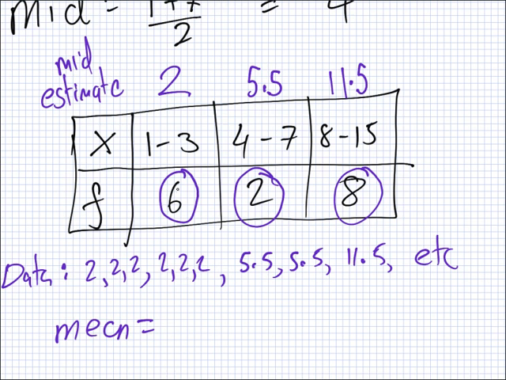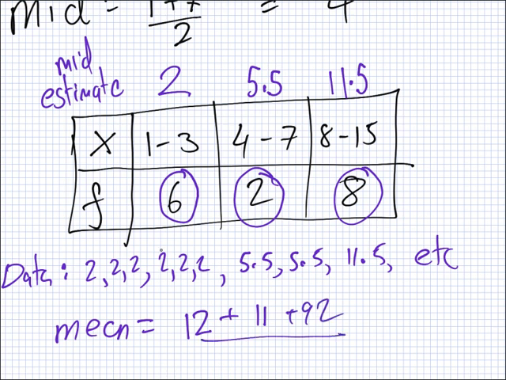6 times 2, which is 12, plus 2 times 5.5, which is 11, and 11.5 times 8, which is, what's that, 92. Divided by what?